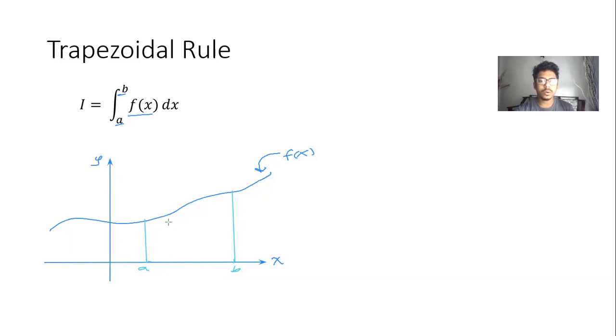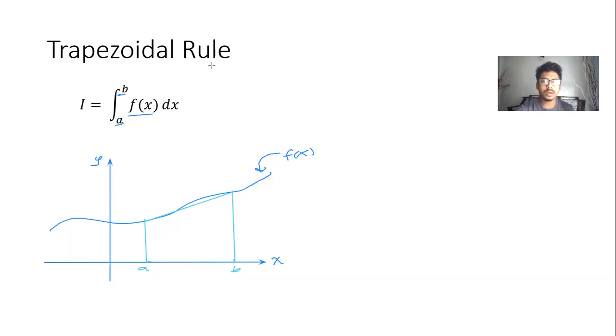Now what I'm going to do is draw a line from here to here, right? So this line gives a trapezium or trapezoid, right? So this is a trapezoid.